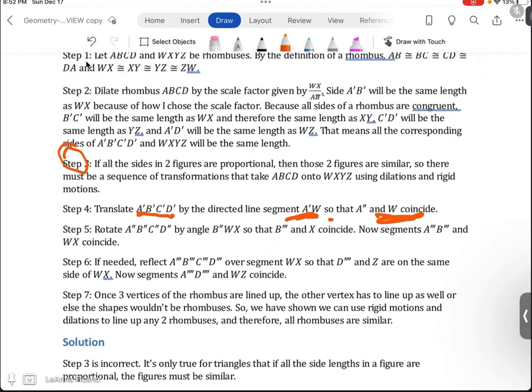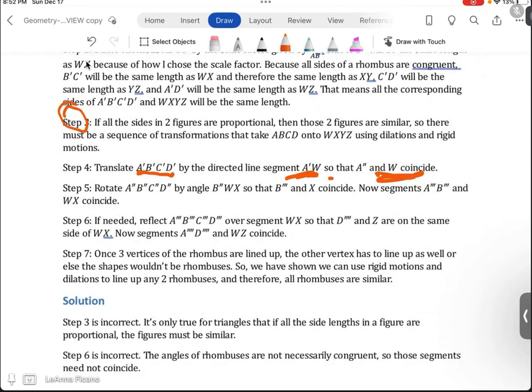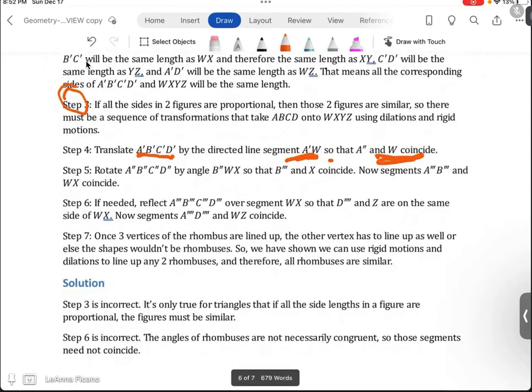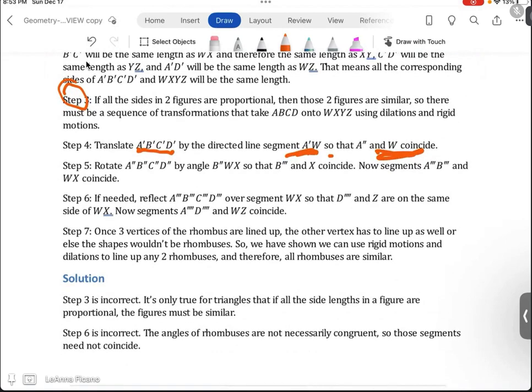And again, if this is not making that much sense to you, I suggest you use tracing paper and work with that using transformations and motions, because I'm doing it visually, right? I don't have the tracing paper, but I just want to go through these with you. So step 6: if needed, reflect A prime prime B prime prime C prime prime D prime prime over segment WX so that D prime prime and Z are on the same side of WX.